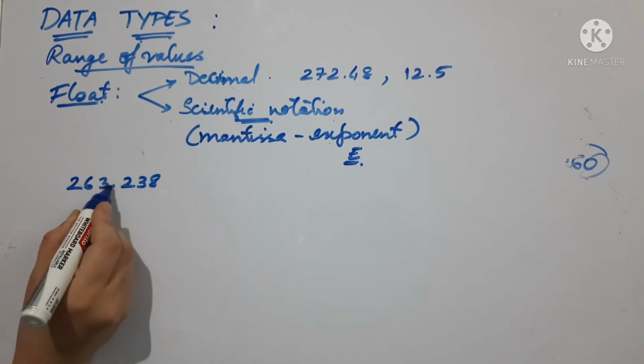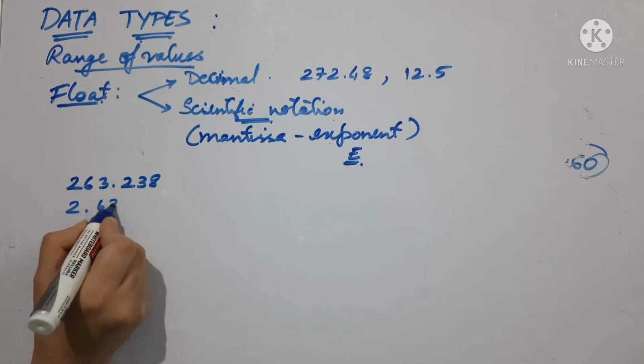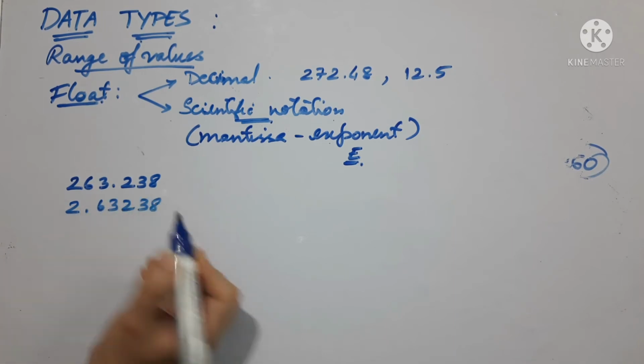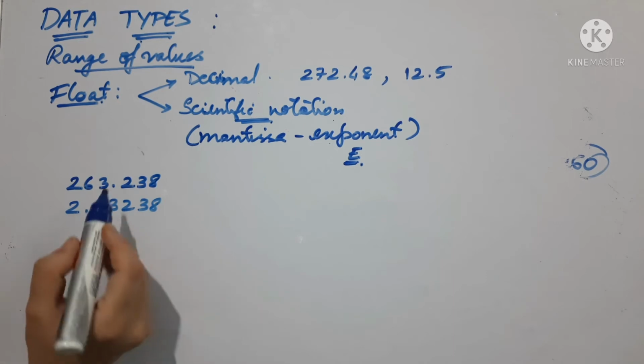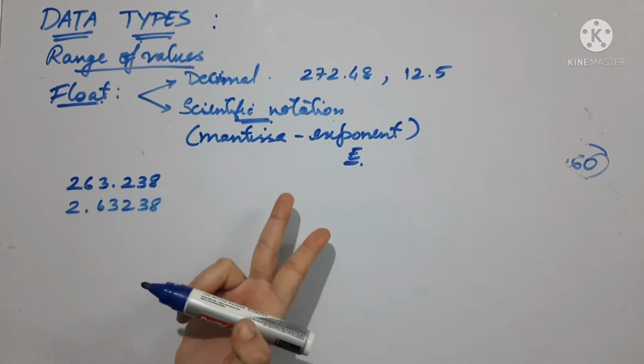Now I will convert this value into scientific notation. So let me shift this decimal point. I will write 2.63238. What have I done? I have just shifted the decimal point towards the left by 2 digits.